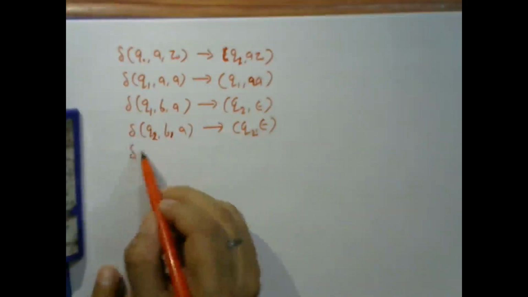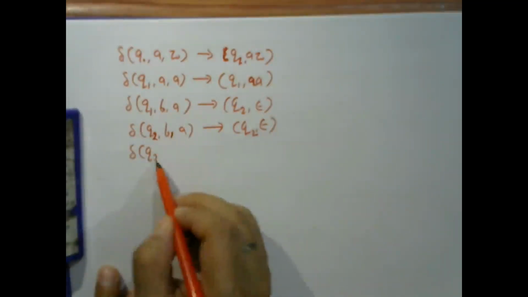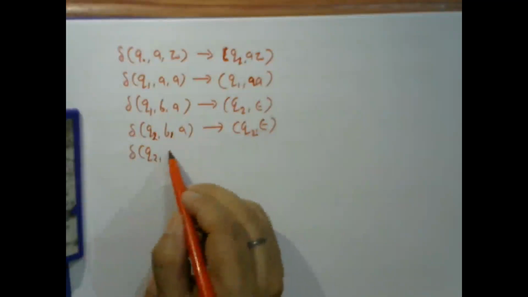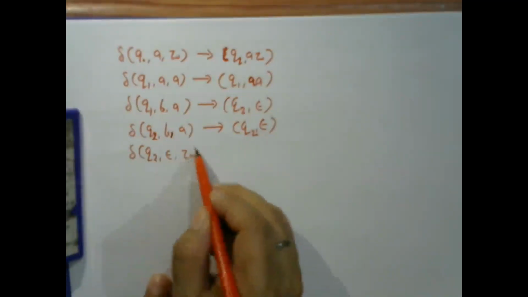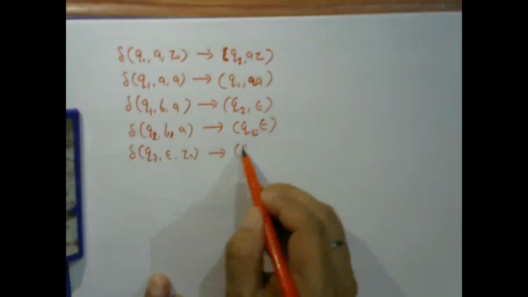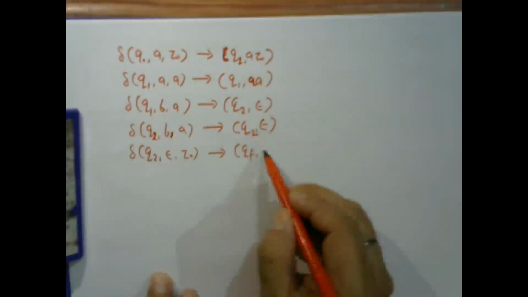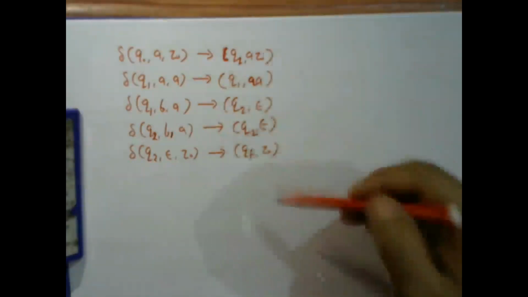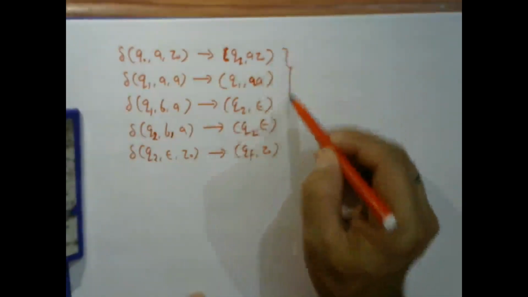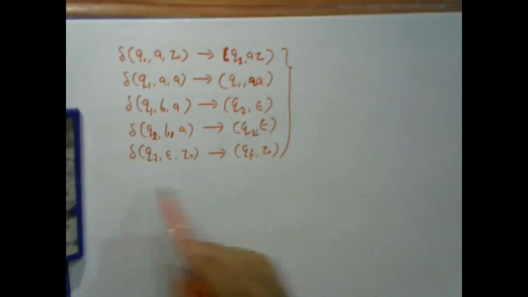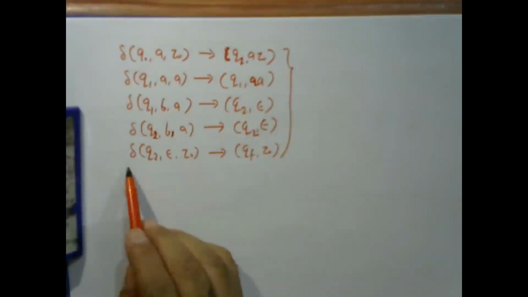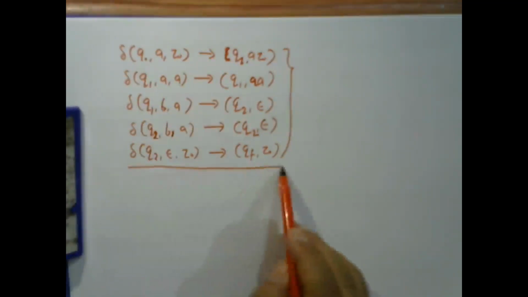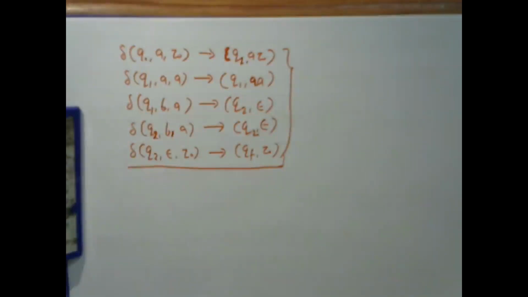Finally, Q2 epsilon Z0 gives QF Z0. Now this is the total transition function delta, which can represent the PDA in the form of symbols.